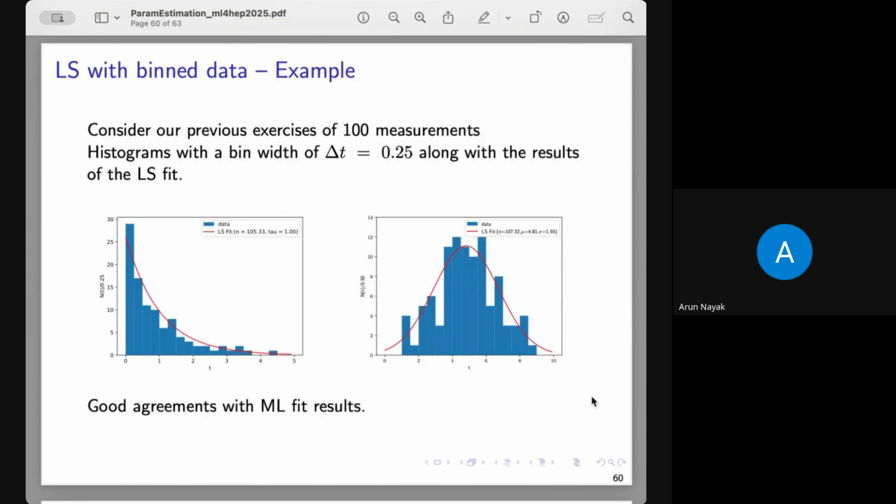Here is the same example that I gave earlier in the maximum likelihood case, with the same 100 events and the same histogram, but instead of the maximum likelihood fit, we use the least square fit. The parameter value obtained here is compatible with what we got in the maximum likelihood case.